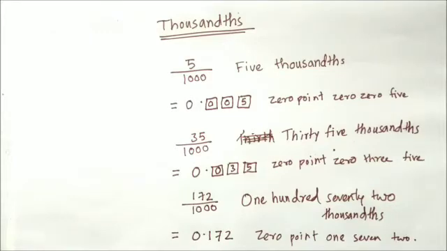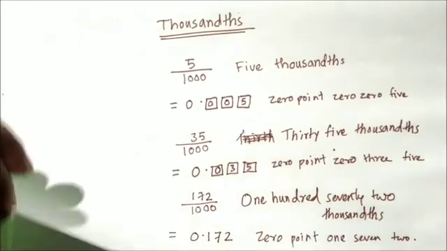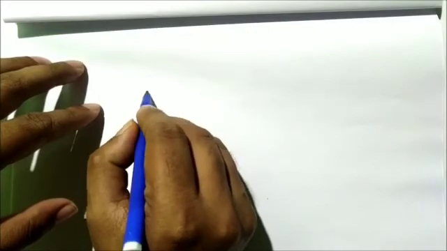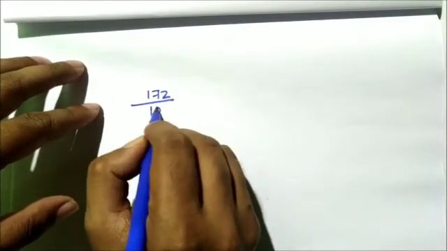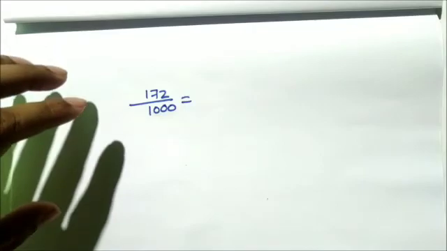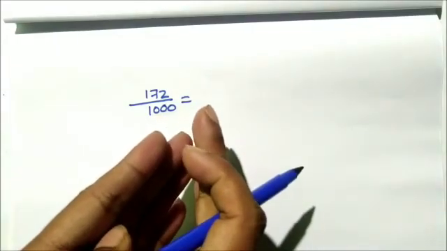Now, coming to one more thing I must say. Recently, when I was talking about the hundreds, I showed you something, you see here, you will be clear with this one. 172 by 1000 can be expanded.